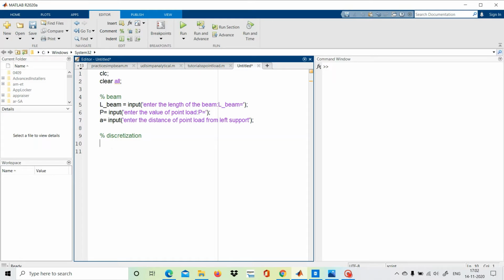First we will write n, so it would ask for input, how many parts we want to discretize the beam into. So, 'Enter the number of discretized parts of beam'. It means how many parts we want to discretize.